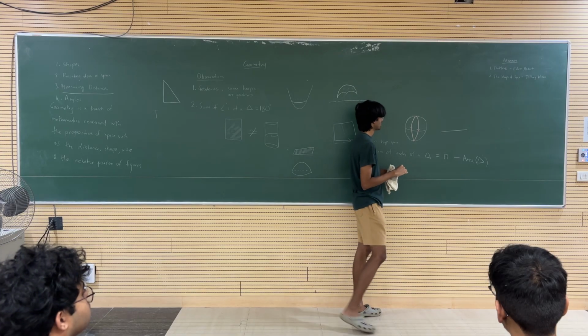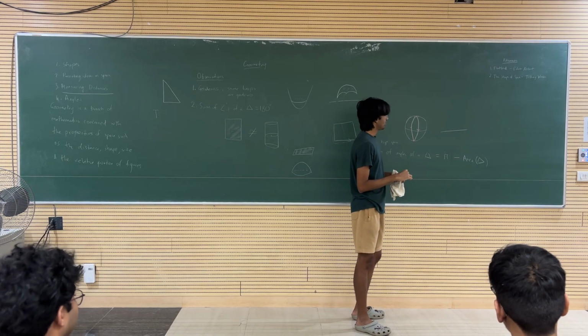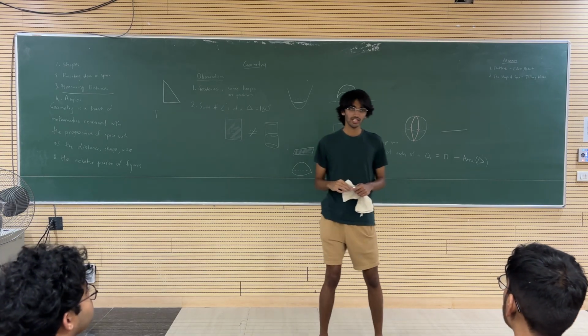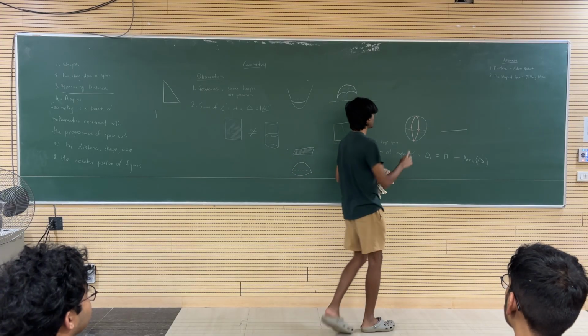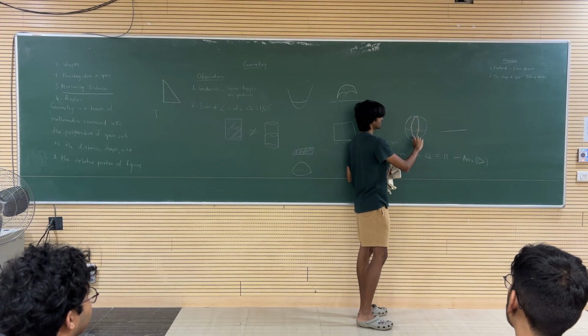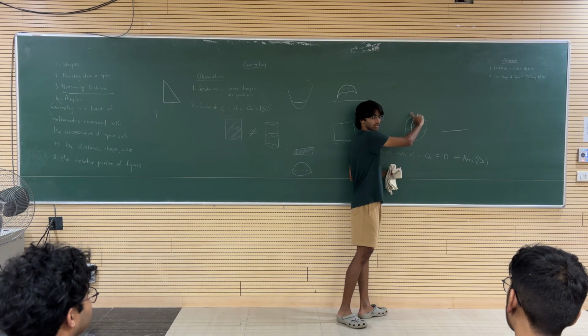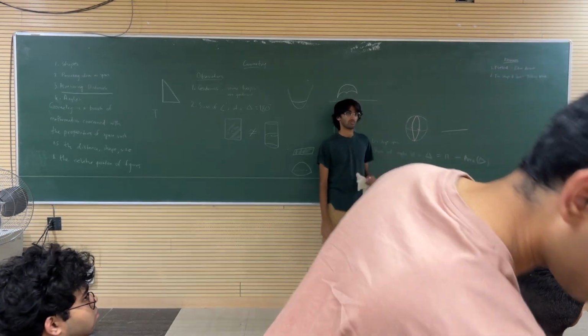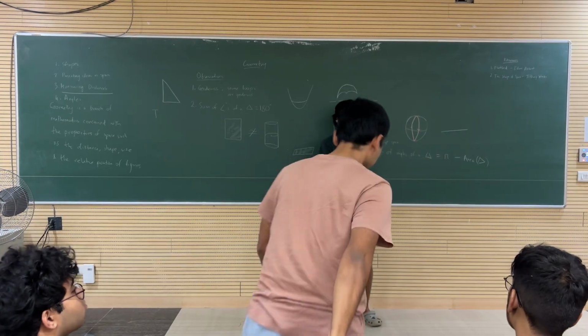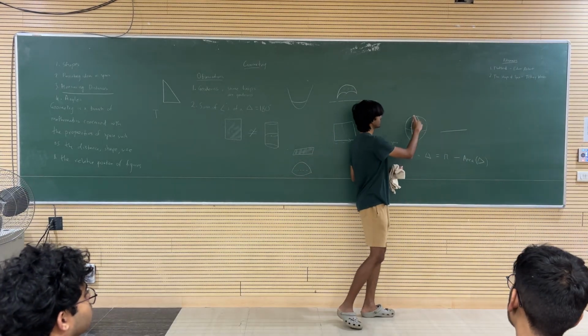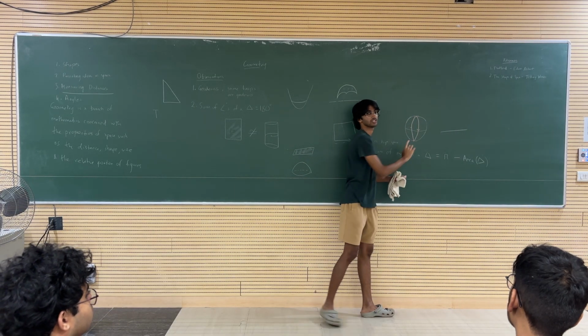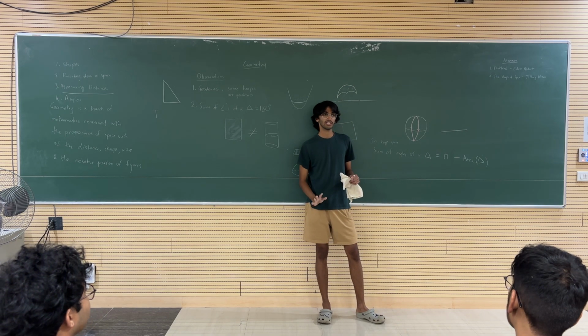So I just want you to believe that whatever properties this path has are also shared by this whole loop. It's just a continuation of each of these geodesics, and that's why I'm calling it a geodesic.